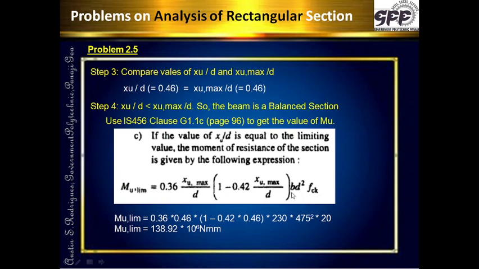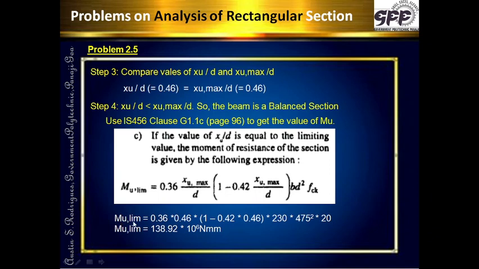Please note that this equation we had already derived earlier from the compression controlled failure. Whenever the failure is due to compression, that is crushing of concrete, from the concrete side, Mu limiting is given by that.